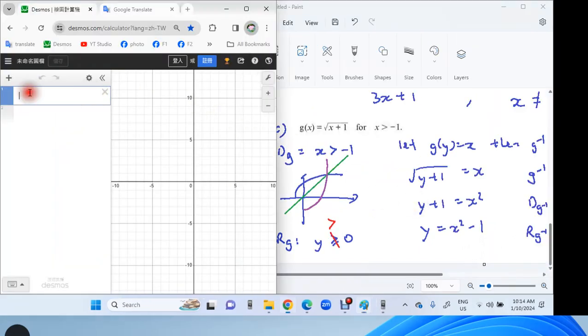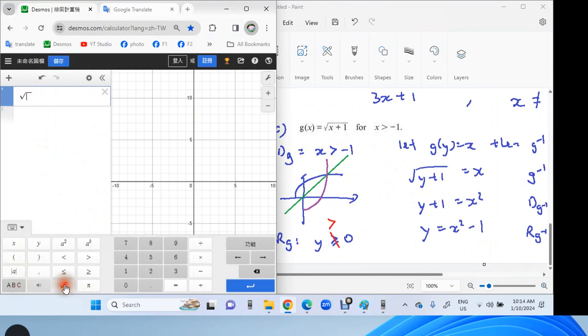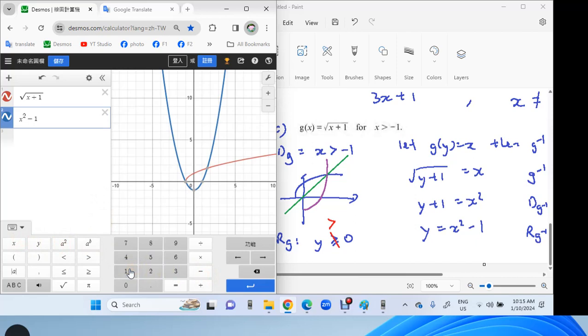So we look at the graph. Okay, so we have the square root of x plus 1. So the graph looks like this. And then we have y equal to x squared minus 1. But we have to limit the domain. The domain is x greater than 0.